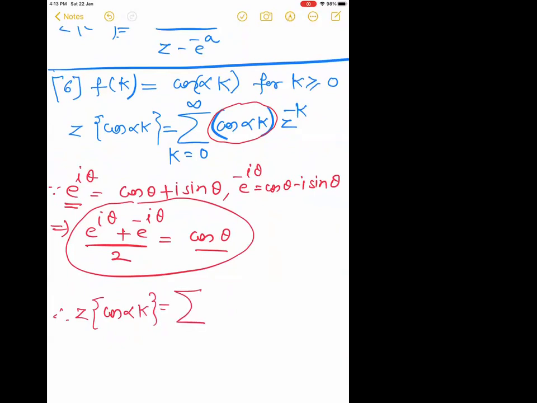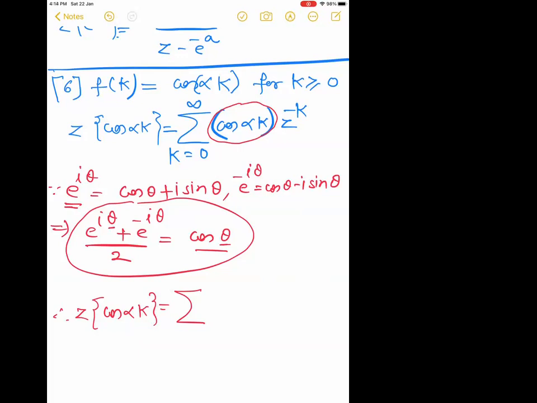Now how will you write cos alpha k in the exponential form? Cos theta, if it is there, then we write e raised to i theta. I want cos alpha k.